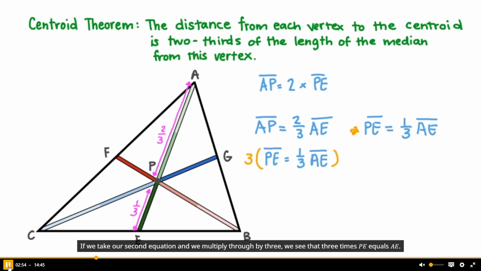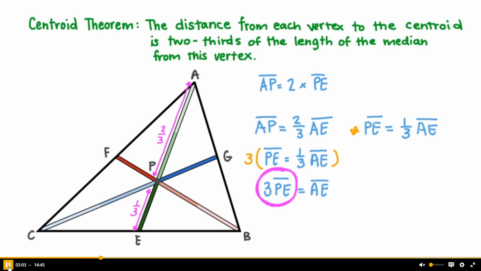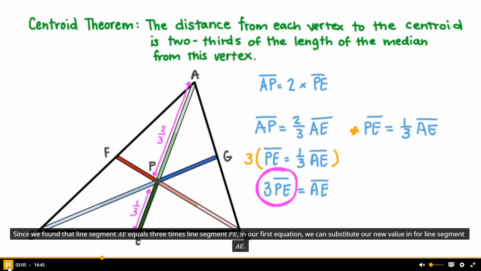If we take our second equation and we multiply through by 3, we see that 3 times PE equals AE. Since we found that line segment AP equals 2/3 of AE in our first equation, we can substitute our new value in for line segment AE.